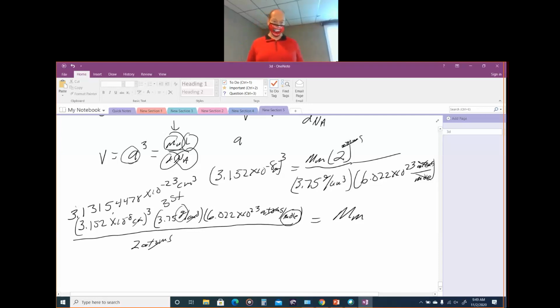Of course, that should only be 4 sig figs, but I don't clear out my calculator and round it. I round my final answer, which will have 3 sig figs. I multiply that by 3.75. I multiply that by 6.022 times 10 to the 23rd.